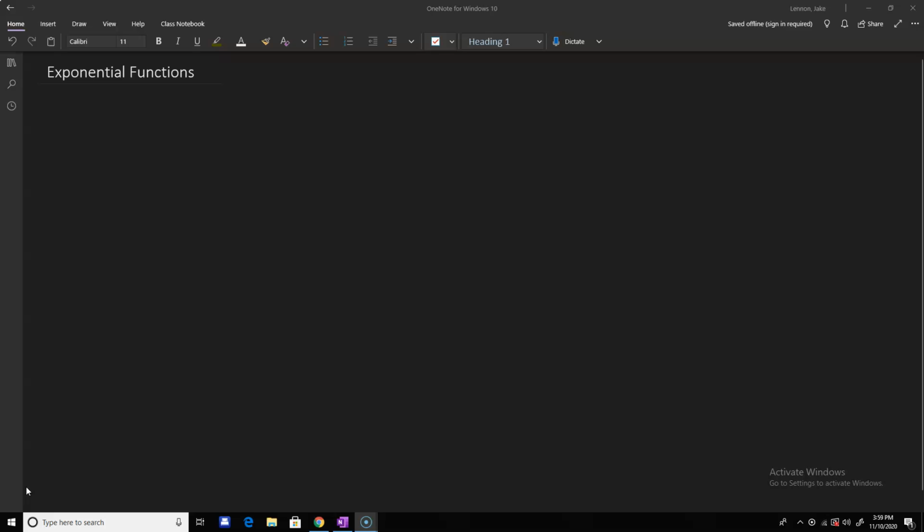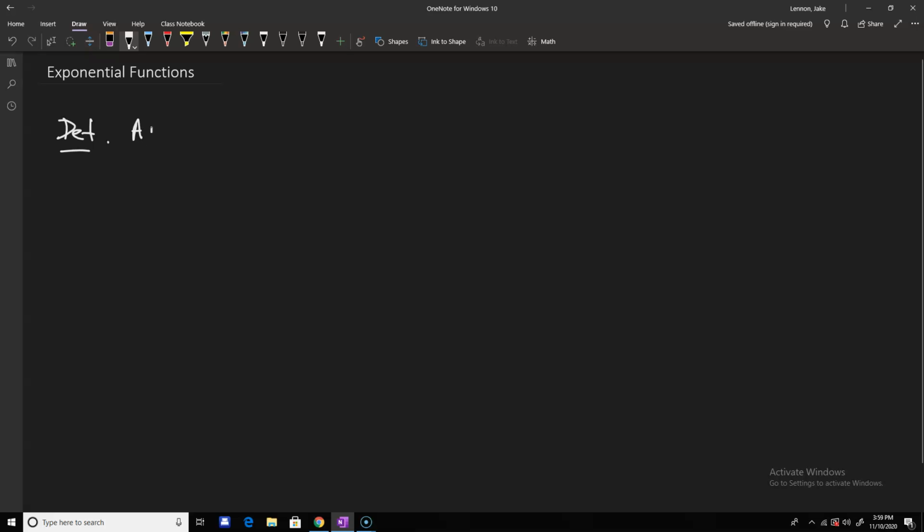So exponential functions are very different in nature from the polynomial functions that we've discussed previously. So let's just start with the definition. The main way to think about these is they exhibit a pattern that is multiplicative in nature with respect to the output variable.